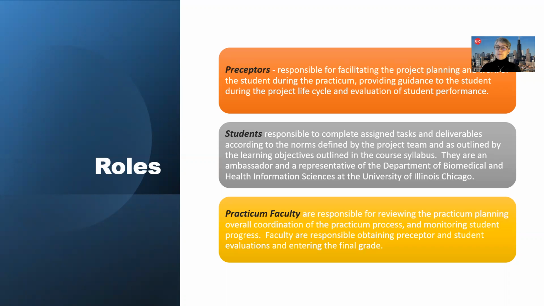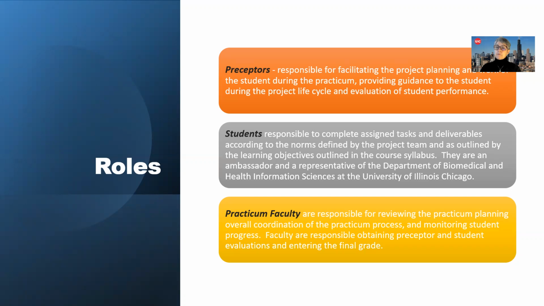Students are responsible to complete the assigned tasks and deliverables, and submit things on time. You're representative of our department and the University of Illinois at Chicago. So we just like students to keep that in mind as they're working with these various organizations.